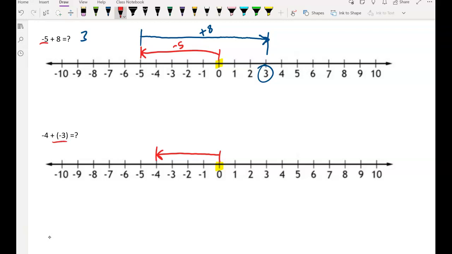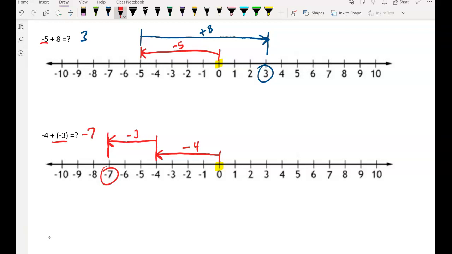So that just means I'm going to go 3 more. 1, 2, 3. And where does that leave me? At -7. So I started at -4, and then I added -3, and that puts me at -7 as my answer.